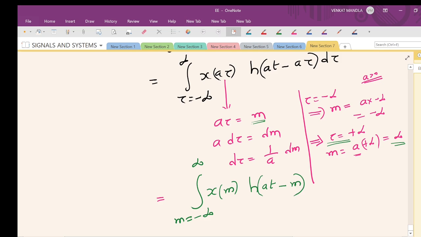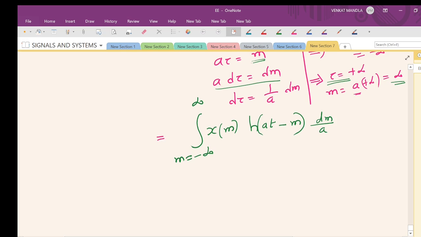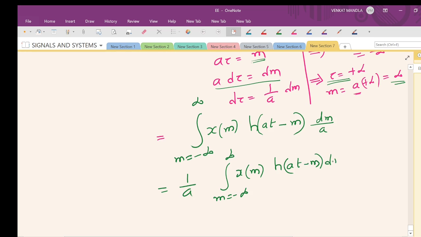What is d tau? d tau is dm by a. So now you can write 1 by a integral of m equal to minus infinity to plus infinity x of m h of a t minus m dm.